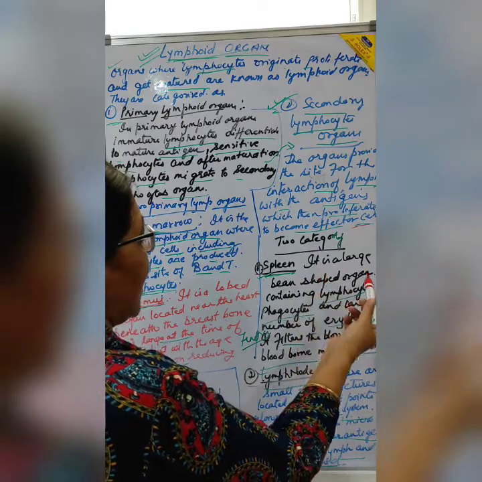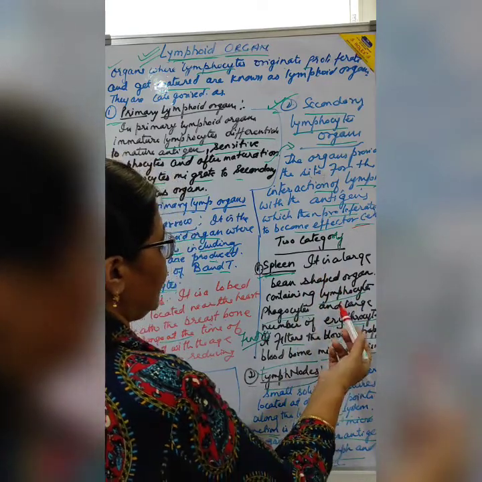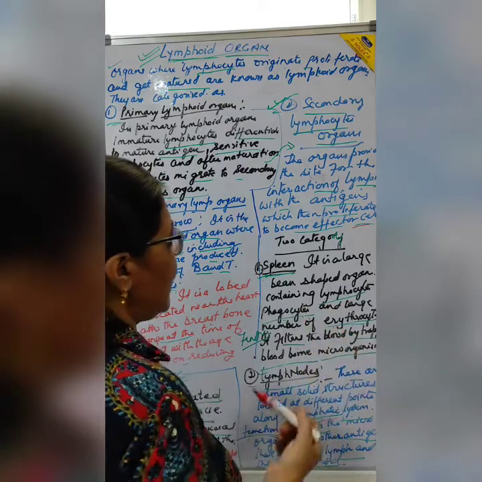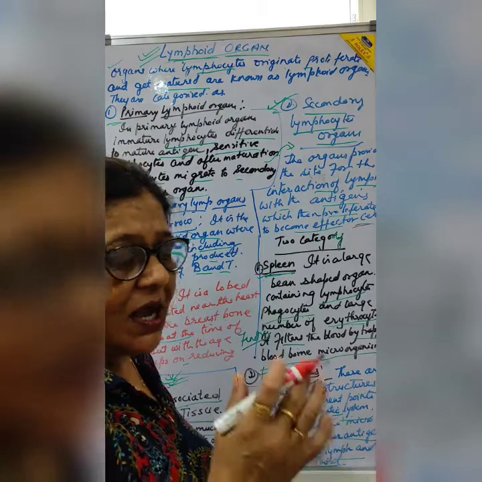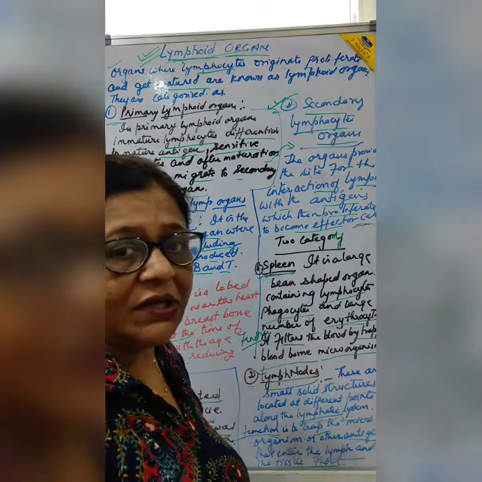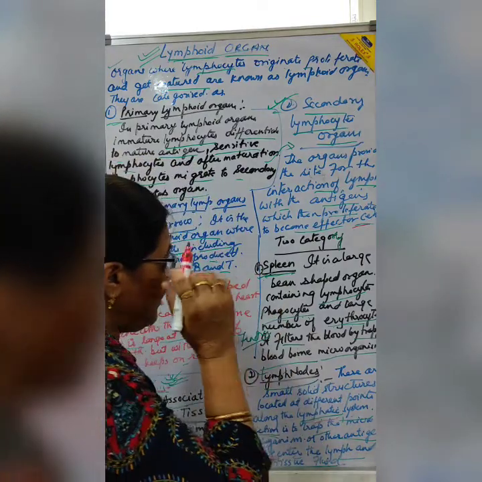Spleen is a large bean-shaped organ containing lymphocytes, phagocytes and erythrocytes, and it filters the blood by trapping blood-borne microorganisms. Next we have lymph nodes.